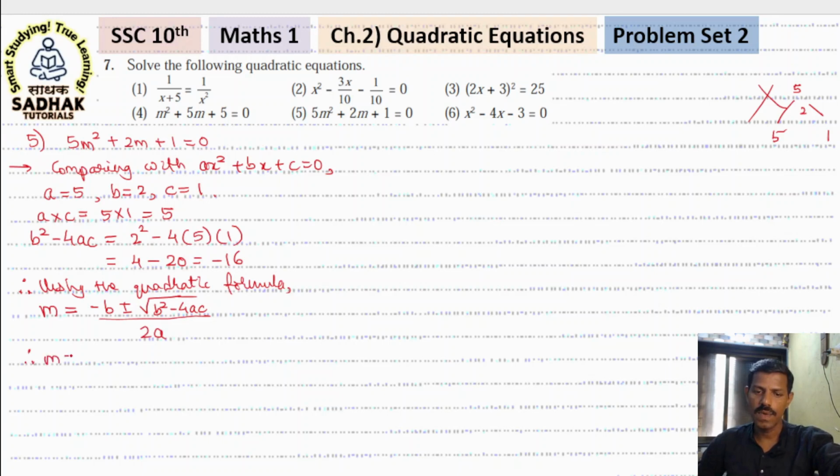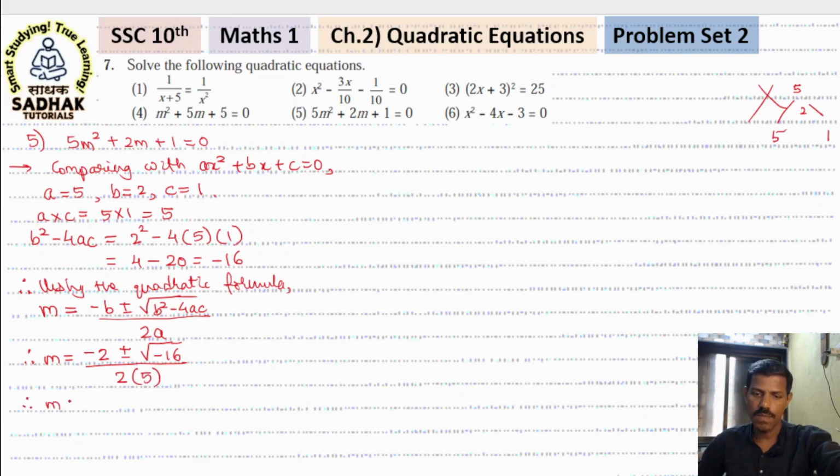Therefore m is equal to minus, the b value here is 2 plus or minus under root minus 16. Now see here, the value of the discriminant has come negative. Okay, so this sum will not have any real roots, the roots will be unreal. Okay, so we cannot find the roots of this. 2 multiplied by a, so that is 2 multiplied by 5.